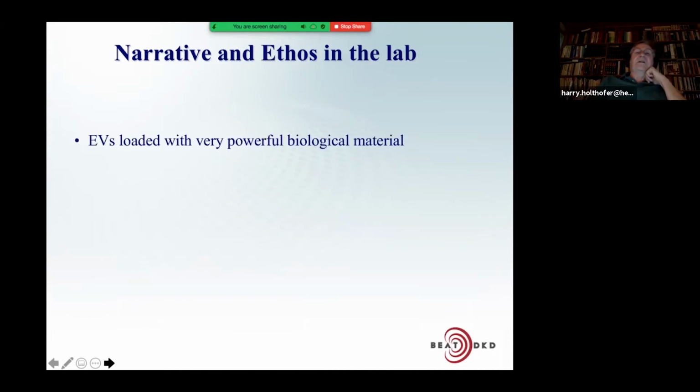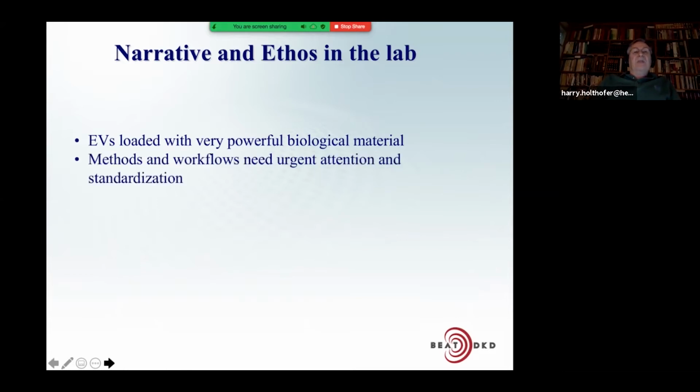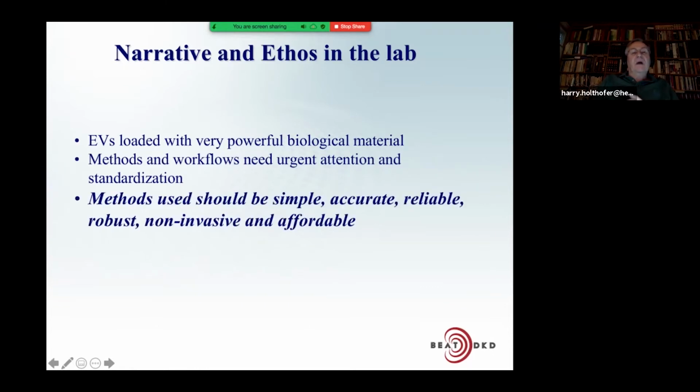The real narrative and ethos in my lab has been to focus on EVs and their potential for biomarkers, as I was alluding to. Yes, methods and workflows need urgent attention and standardization. This is very important for us, and we have been working hard to fine-tune some of these workflows.